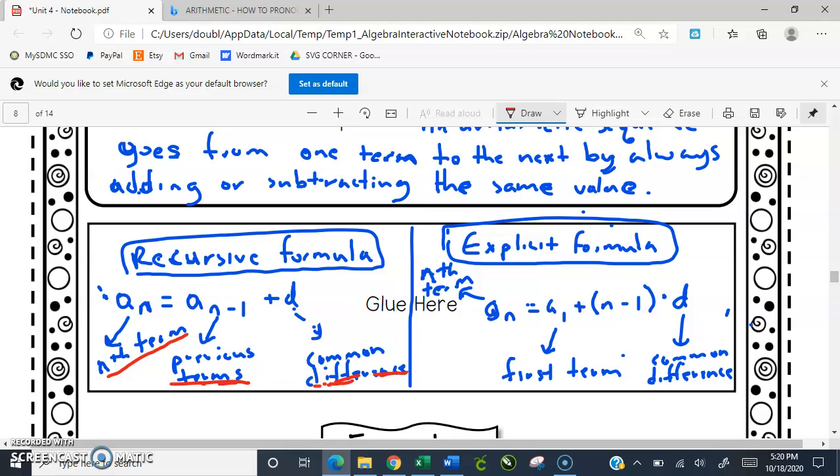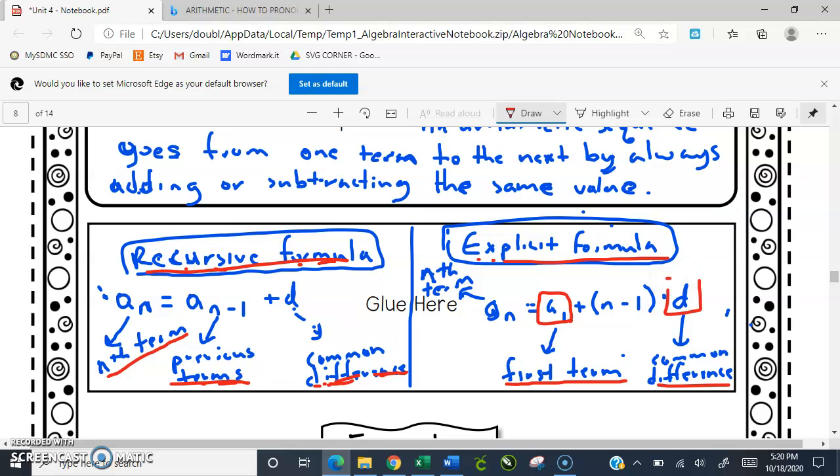For our explicit formula, a sub n is the same thing, the term that we're looking for. A sub 1 is the first term they give us. And d is our common difference again.